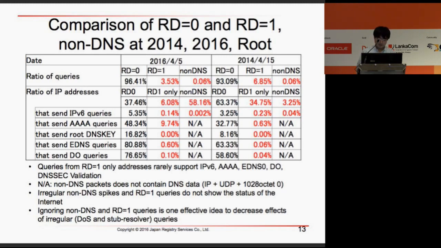Irregular non-DNS spikes and RD set queries do not show the status of the internet. Ignoring non-DNS and RD set queries is one effective idea to decrease effect of irregular DoS and stub resolver queries.